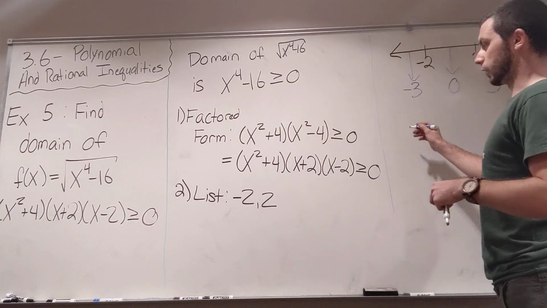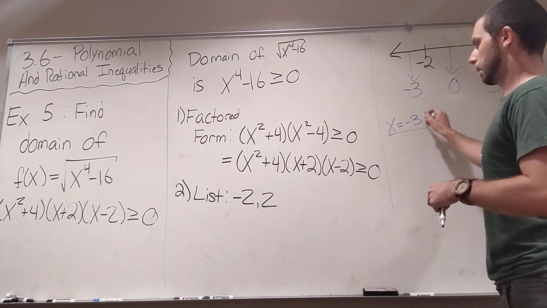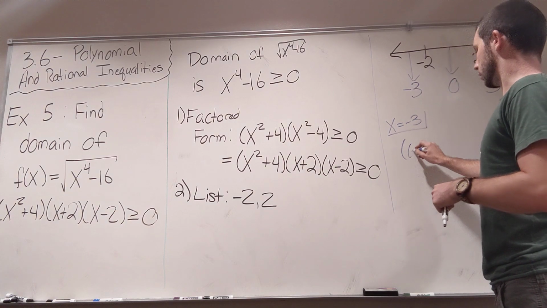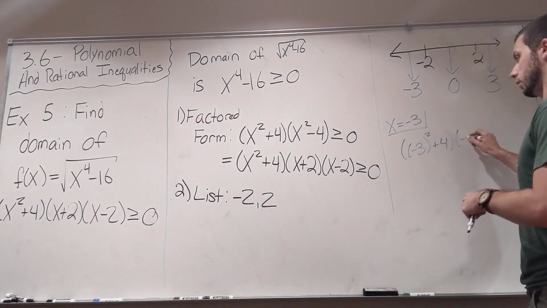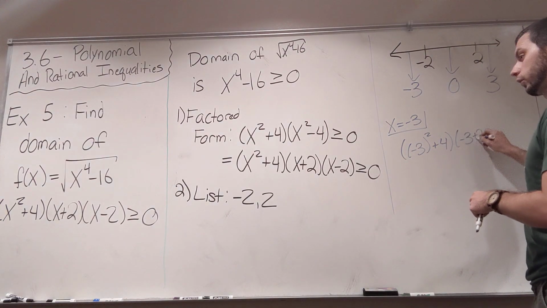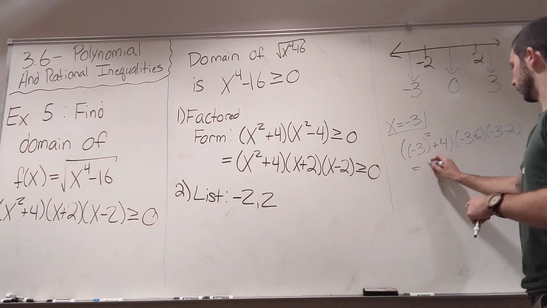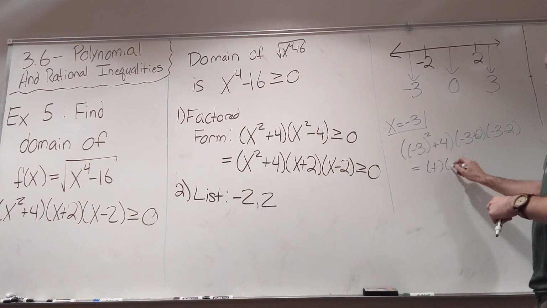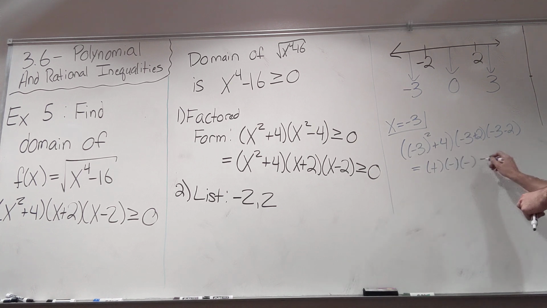So we plug in -3. So that would be -3 quantity squared plus 4, -3 plus 2, -3 minus 2. And so this will give us a positive number, a negative number, and another negative number, which will give us a positive.